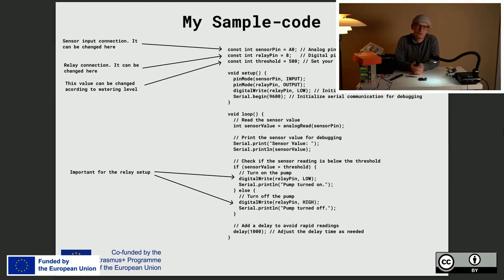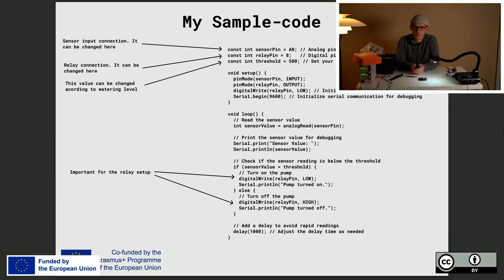Then there is the void loop. The void loop is the part of the code that will go on forever. It is, you can say, the continuing recipe that is going to keep on executing as time progresses.